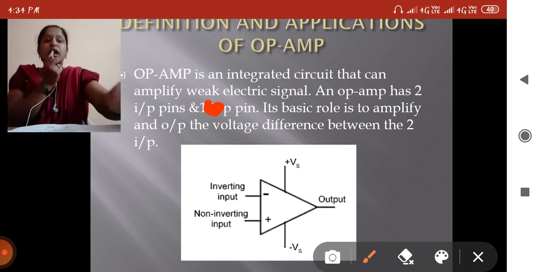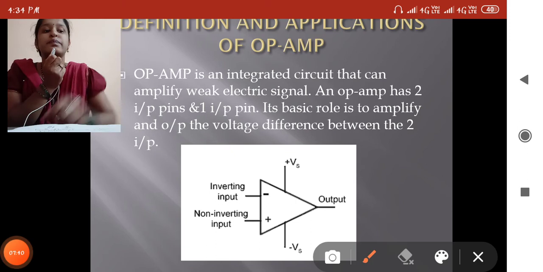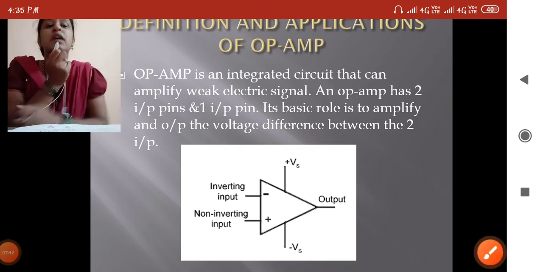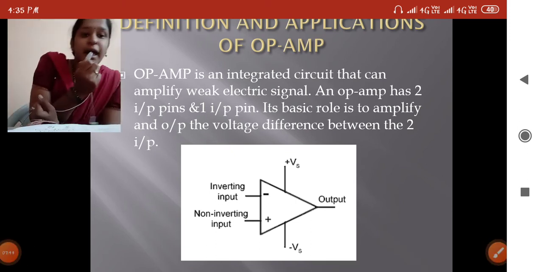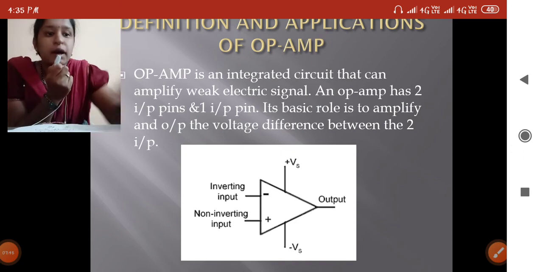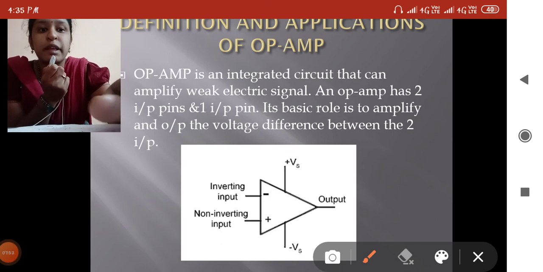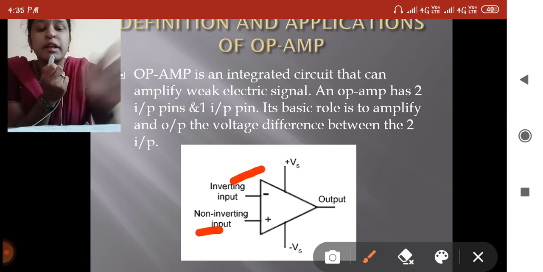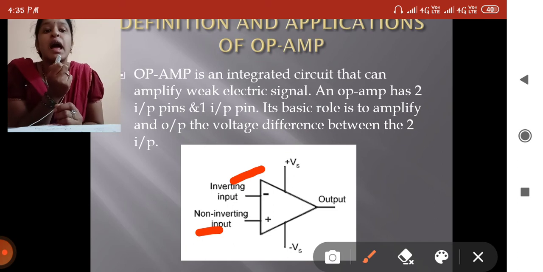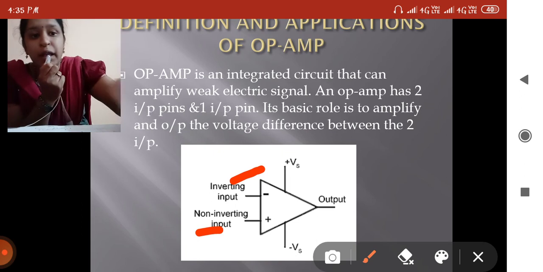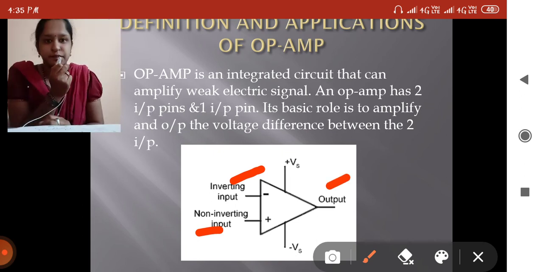The meaning of this is that there are two terminals, one inverting and another non-inverting, and one output.